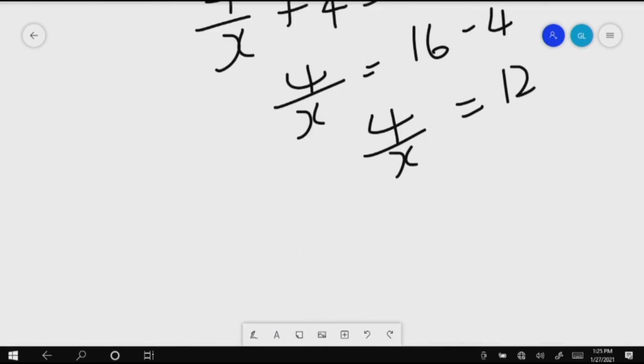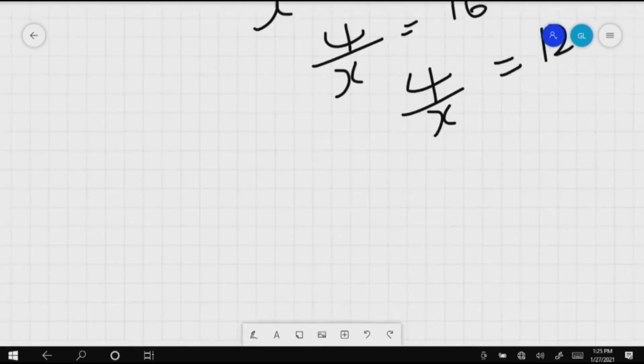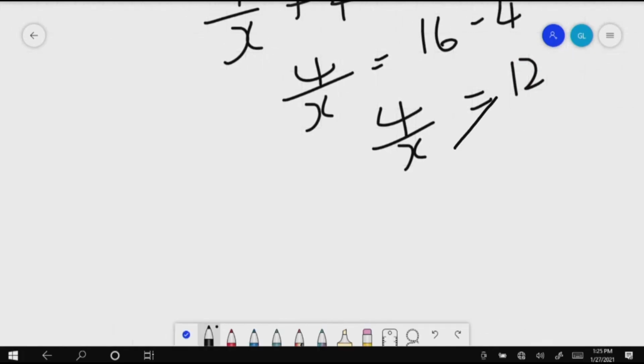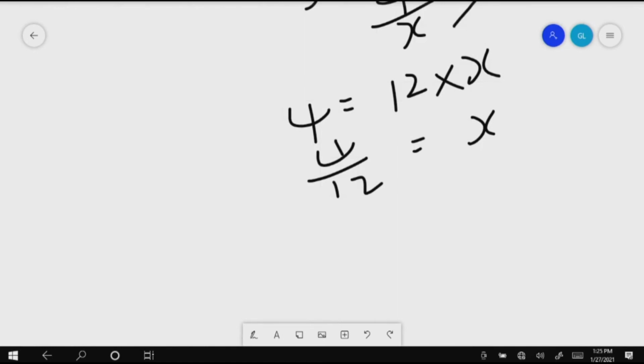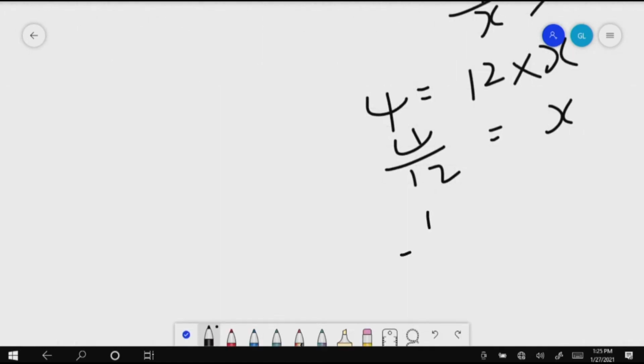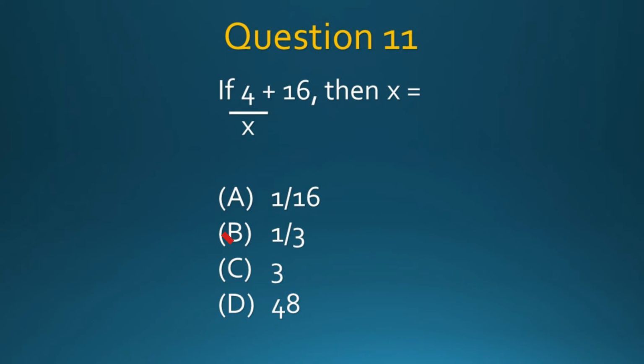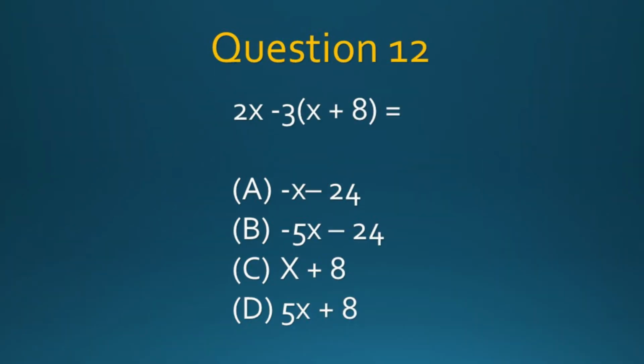But we don't want 4 upon x, so cross multiplying here, we would have 4 is equal to 12 times x, where x would equal 4 upon 12. Therefore, our solution here would be 1 upon 3 is equal to x. So whichever method you use, the solution would be the same. So our solution there would be B.